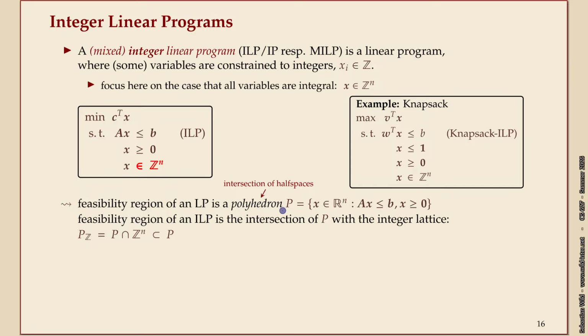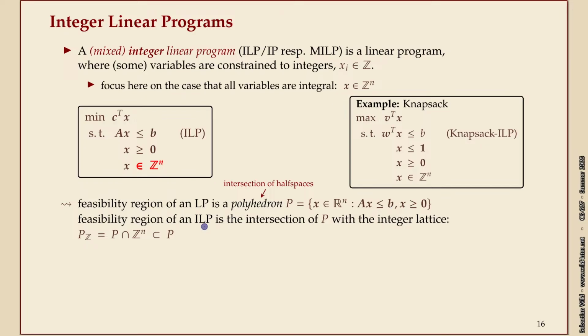And this is essentially a convex polygon in higher dimensions. So formally, it's just the intersection of half spaces in some n-dimensional space. And of course, for a specific LP given in our normal form, you can write this concisely as a set. It's a set of all vectors x so that they satisfy the constraints. That's the feasibility region of a linear program.